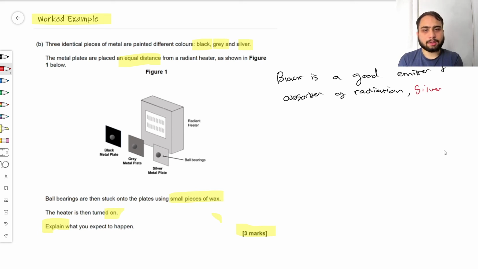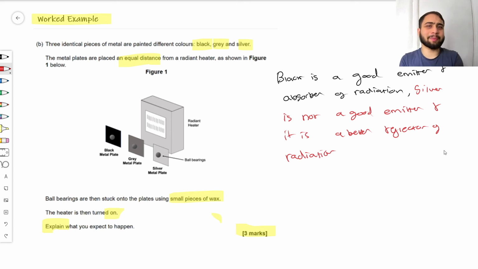Let's compare it to the silver metal plate. Silver is not a good emitter, and it is a better reflector of radiation. Okay, so that's 2 points. Because remember, silver is closer to white than black is. So we can treat silver as a sort of white, and black as well, black. But now, explain what you expect to happen. If black is a good emitter and absorber of radiation, black is going to absorb the radiation faster.